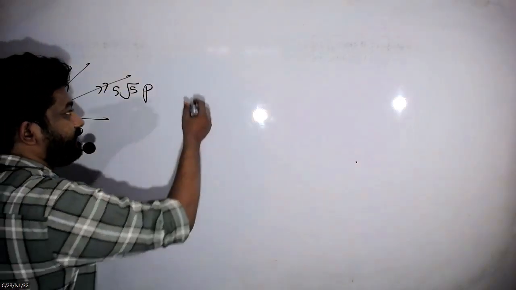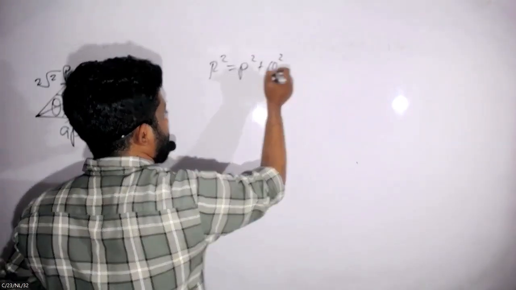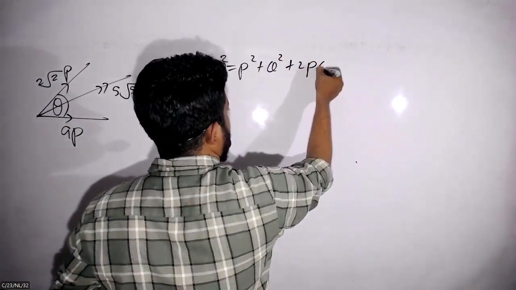Let's see the answer. R squared equals P squared plus Q squared plus 2PQ cos theta.